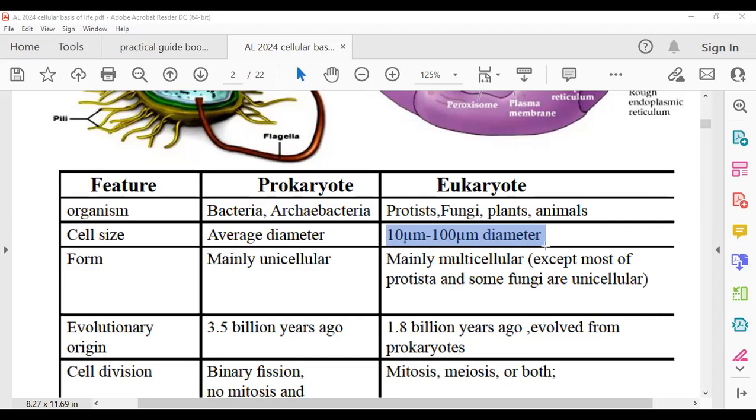Understood? If you take in general, magnesium is what kind of element? Trace element. Like that, there are corrections.